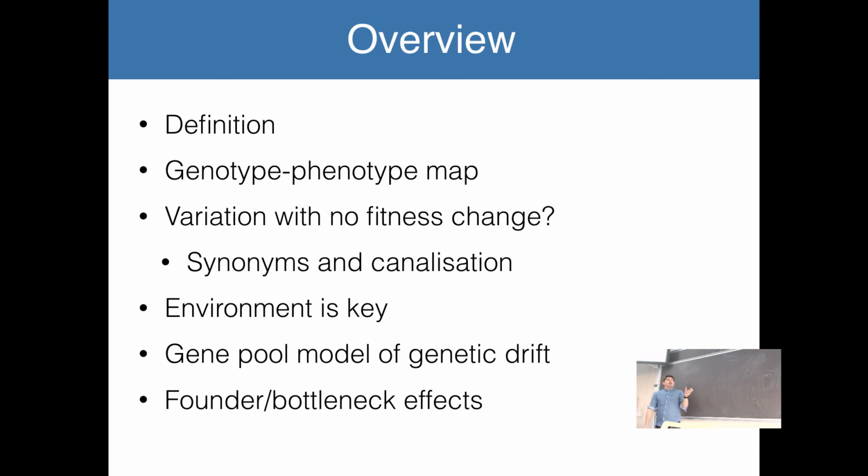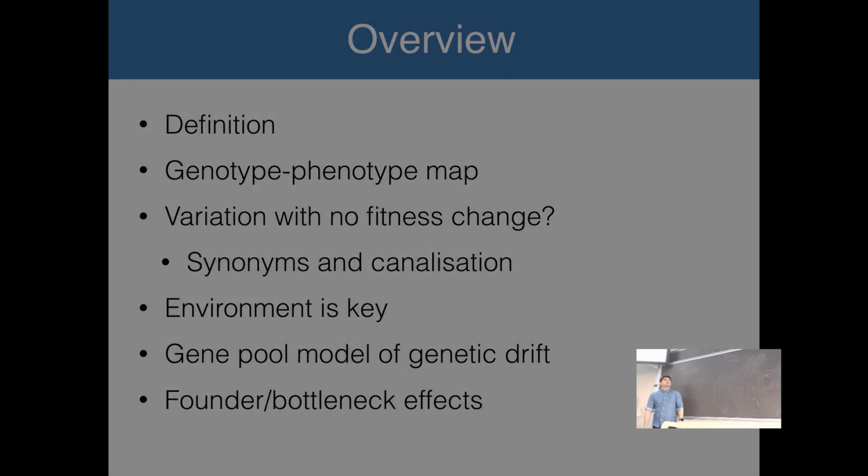I've mentioned that environment is key, so whether a trait is evolving adaptively or neutrally depends on the environment that it's in. I've mentioned this gene pool model of genetic drift. This is the way that evolutionary biologists think about this type of evolution, with the key processes there being the founder and the bottleneck effect. Right, thank you very much.